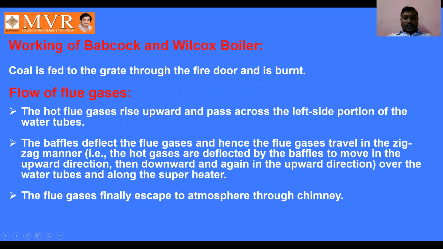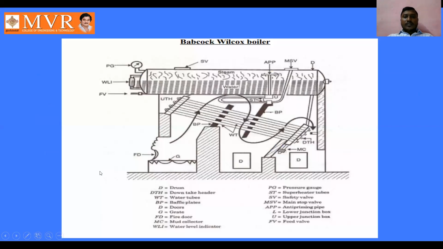Here we can observe that the water in the boiler shell enters the downtake header through the long pipe, and after entering the downtake header, it enters these water tubes. The water collected from the boiler shell will come to the downtake header.